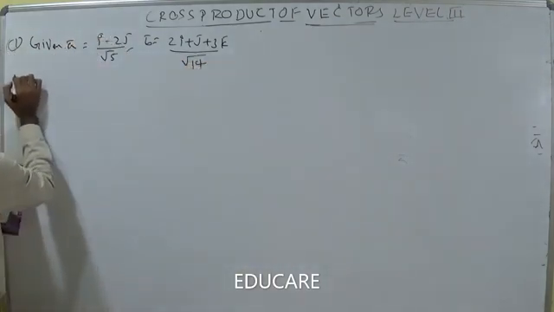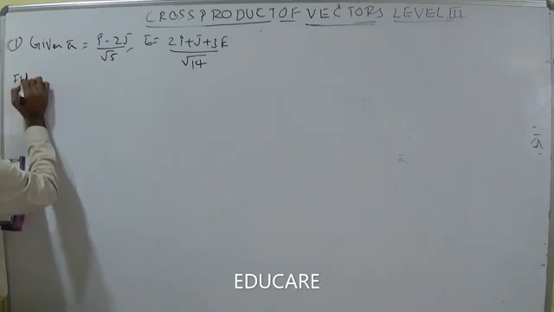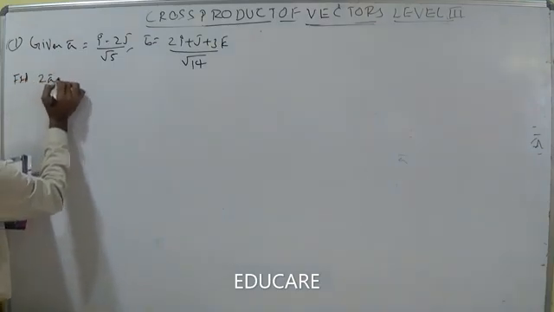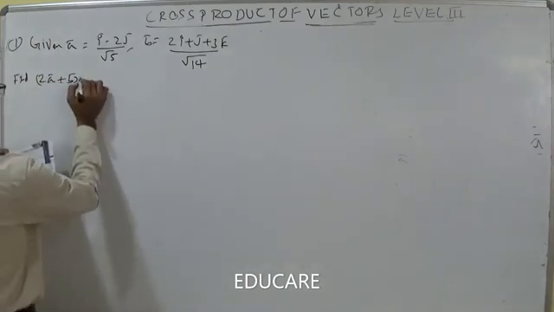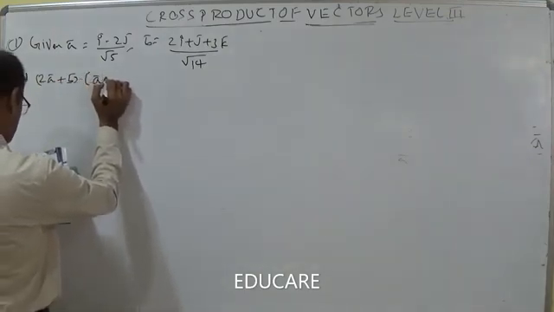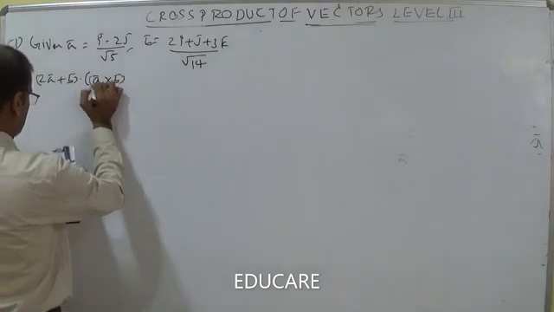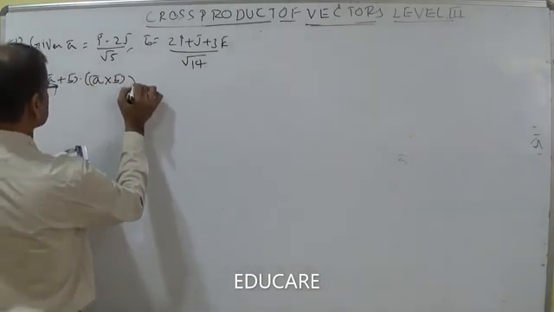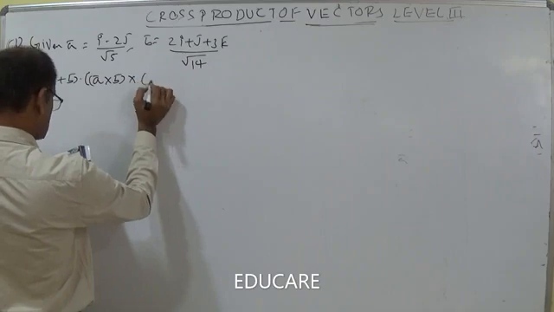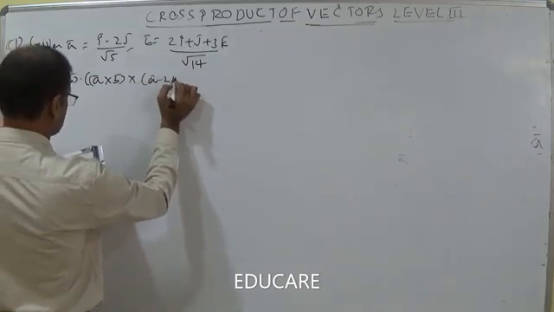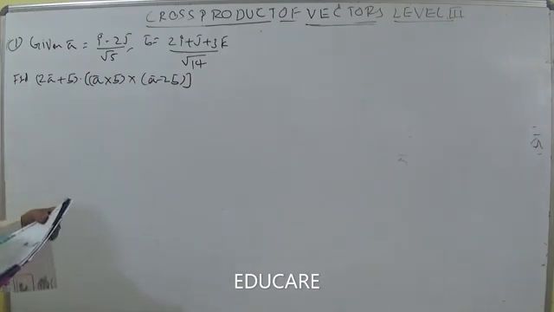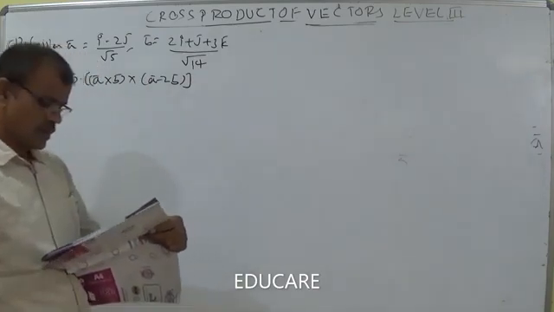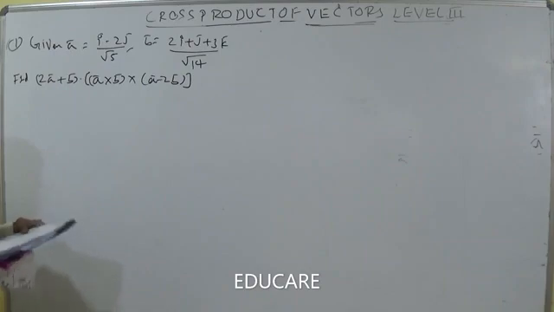We should calculate the value: find (2a bar plus b bar) into (a bar cross b bar) cross (a bar minus 2b bar).